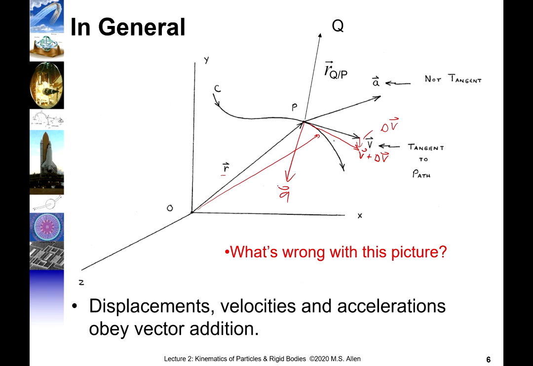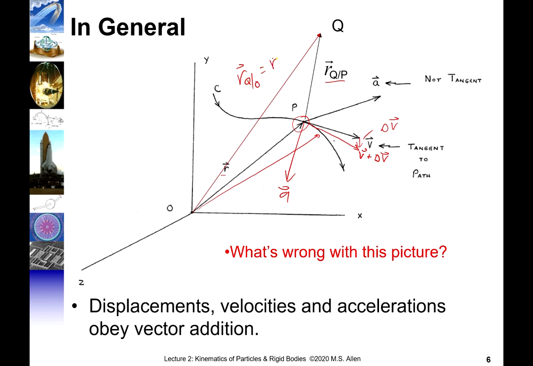Okay, also want to review that displacements, velocities, accelerations, they all obey vector addition. So if we had a second position vector, we have point Q out here, and we have a position vector from P to Q, we could put those tip to tail, and then that defines a new vector, and this would be the vector r_Q as seen from 0.